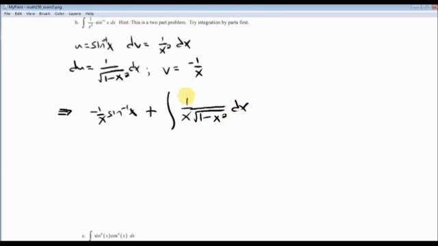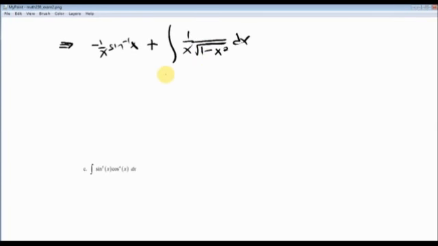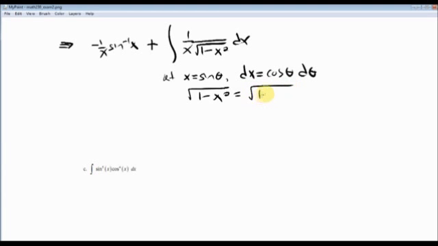Now this is the second method. Now this is a trig sub, so we're going to have to go ahead and go through the trig sub process. So this part here is done. Alright, here we're going to let x equal sine theta, which makes dx equal cosine theta d theta, and the square root of 1 minus x squared is the square root of 1 minus sine squared, which after you clean everything up, you get cosine.